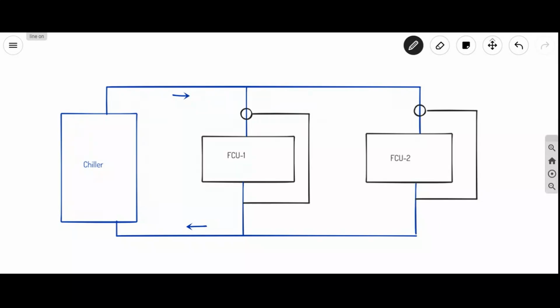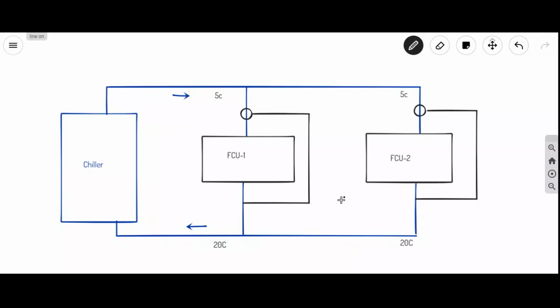Now let's assume we are supplying 5 degrees centigrade of chilled water to the FCUs, and both FCUs are on, so you are getting 20 degrees centigrade of chilled water return.